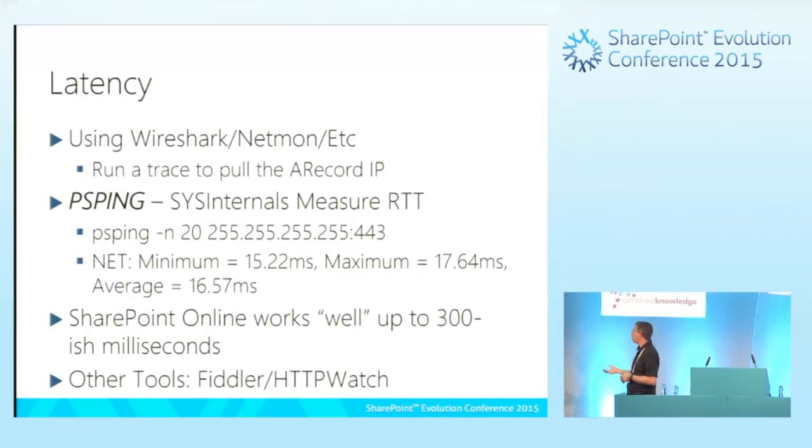I'll run a trace against SharePoint Online or Office 365 and find the A record IP. Once I have that A record IP, there's a tool in Sysinternals called psping. You download psping, you pass in that IP, and you'll get the average millisecond latency of that user at that place hitting that geo-DNS site.